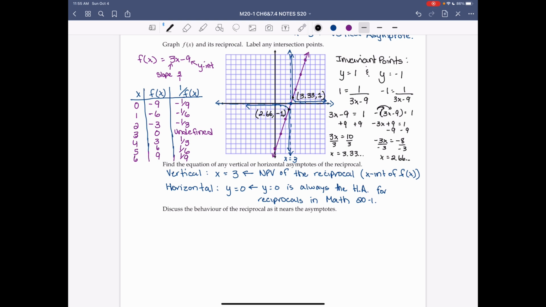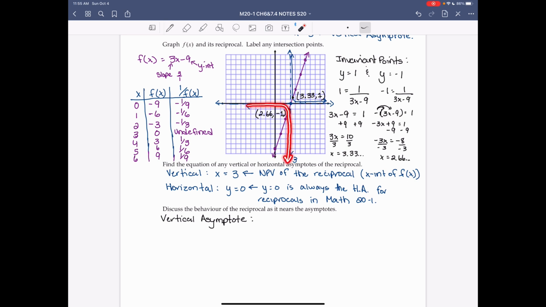Let's look at the vertical asymptote first. Our vertical asymptote is x equals 3. So the behavior of the reciprocal from the left side, so approaching x equals 3 this direction, our curve comes like this, and then it drops straight down basically.